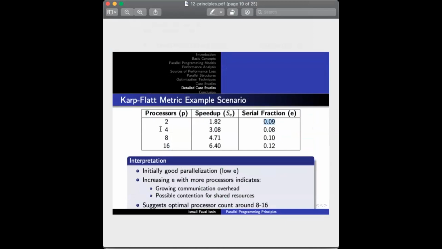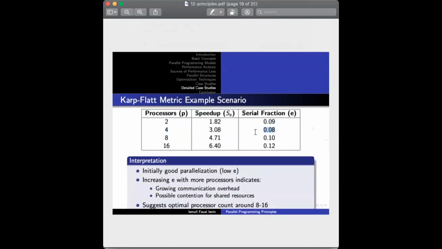Next, if we use 4 processors, our speedup climbs to 3.08, and our serial fraction drops slightly to 0.08.